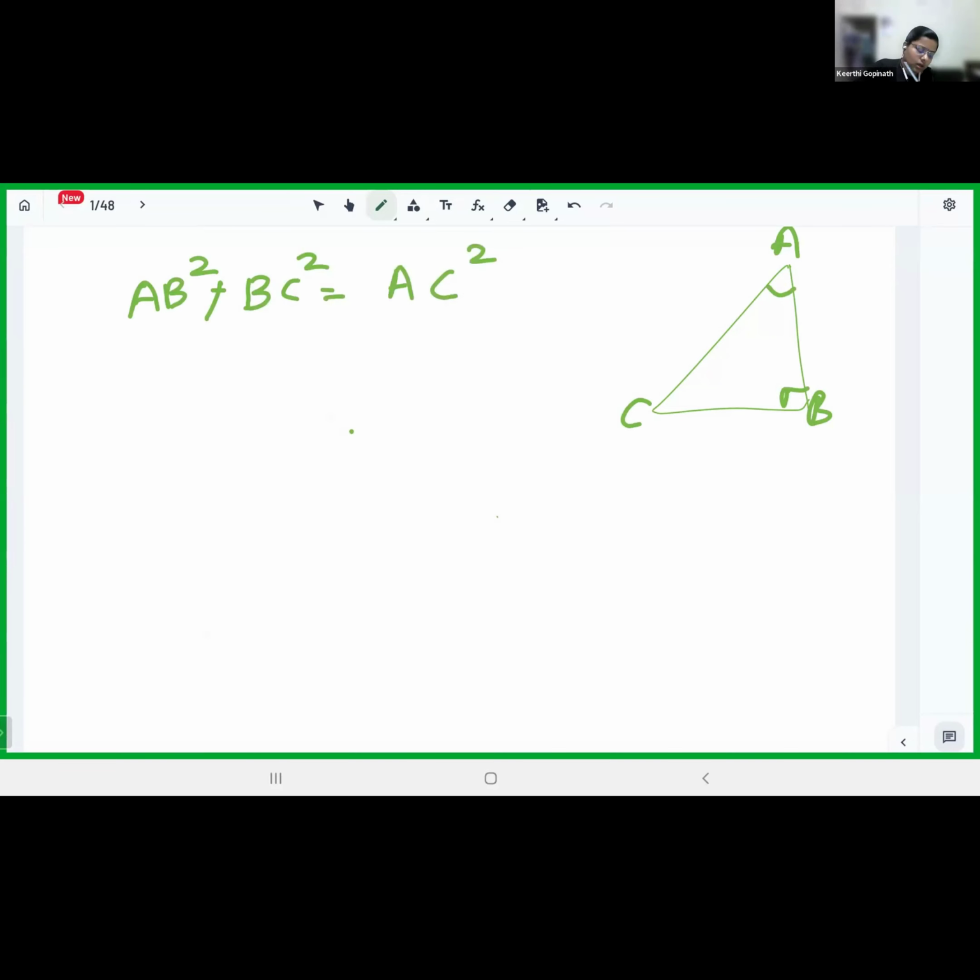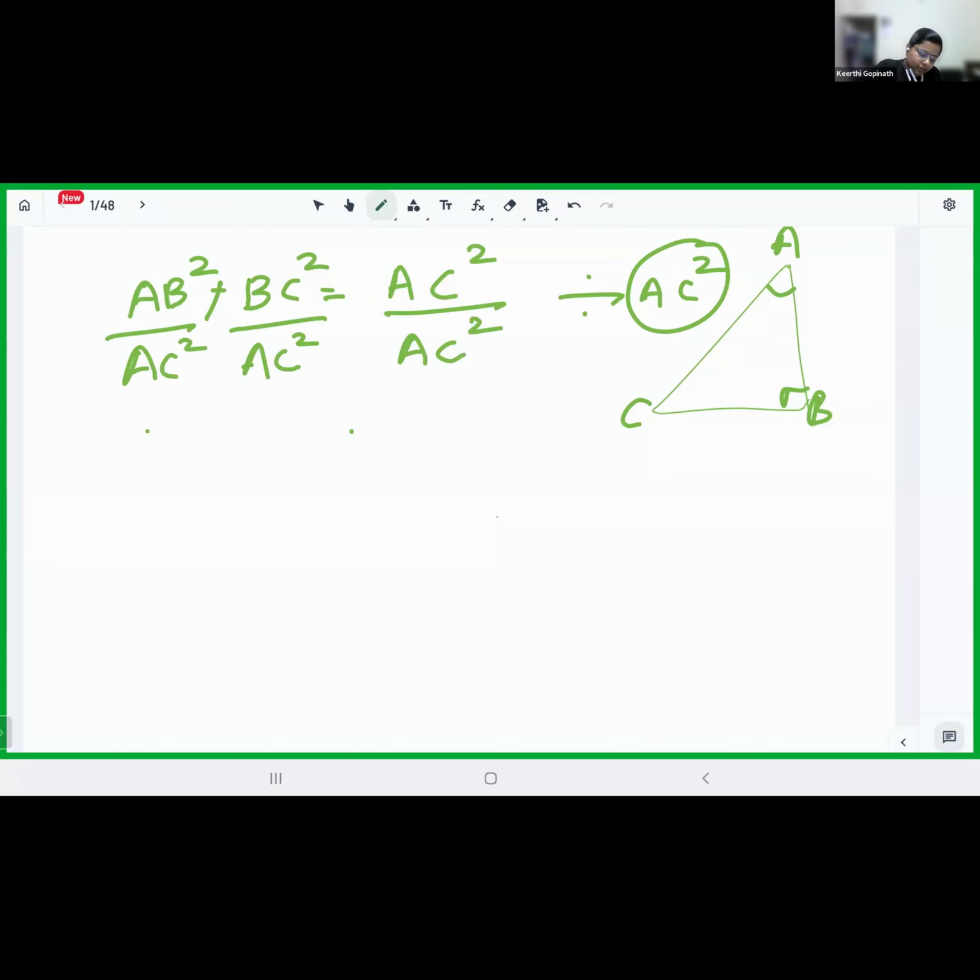All right. So, I'm going to divide this equation throughout by AC square. How will this equation change? This will become AB square by AC square plus BC square by AC square, and this is AC square by AC square.